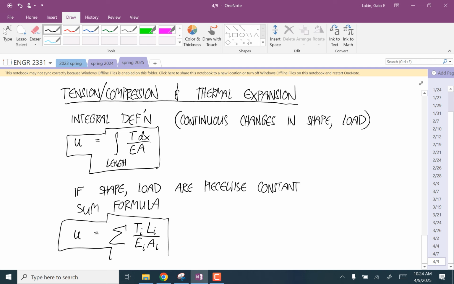And you can see that that totally matches the integral definition, as you would expect.